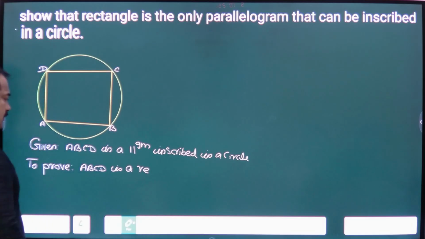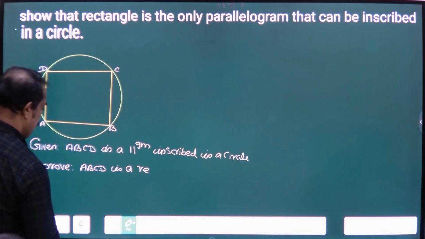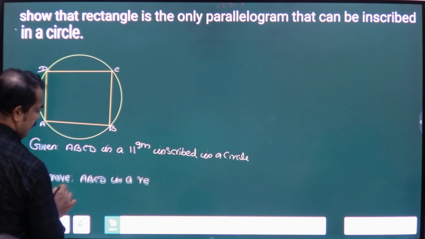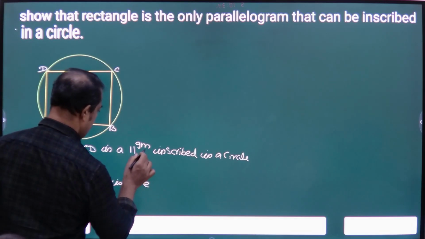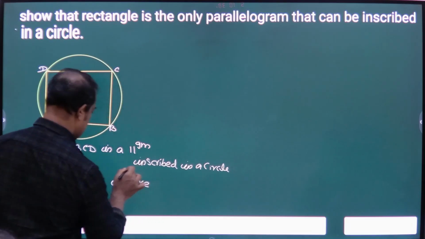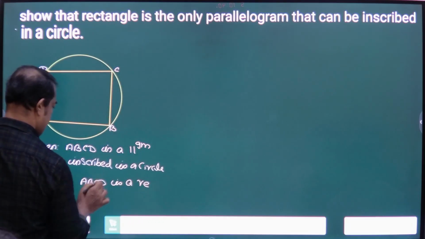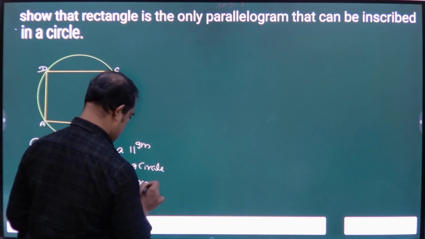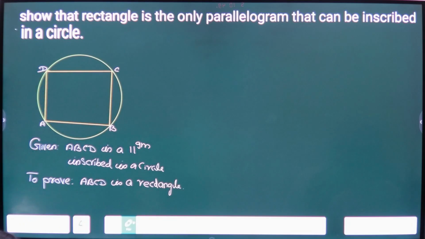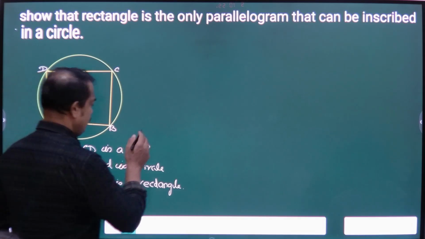Inscribed in a circle. But to prove ABCD is a rectangle. Listen. Very simple.